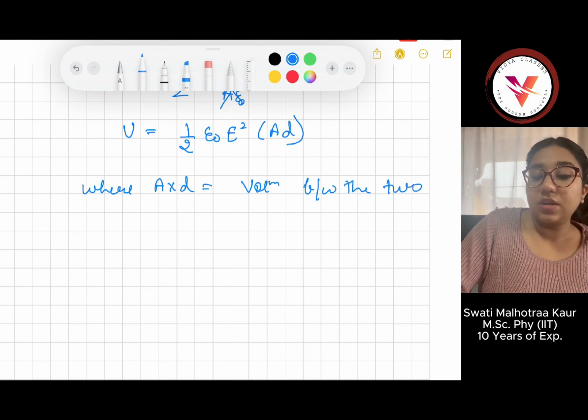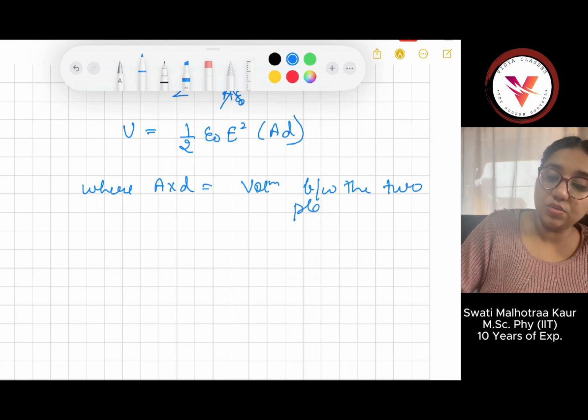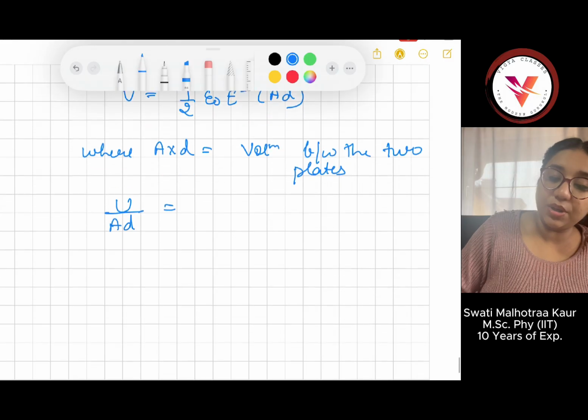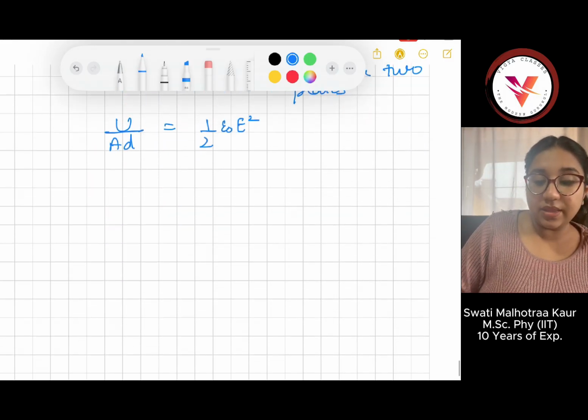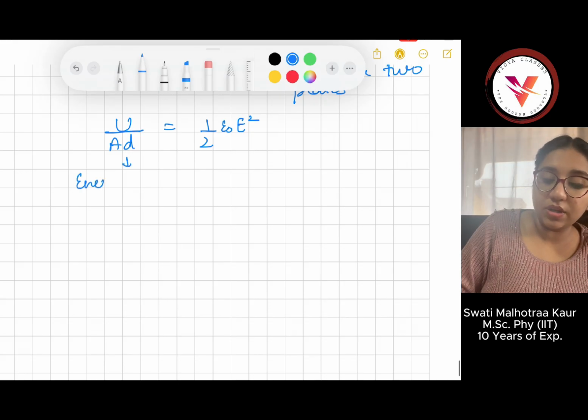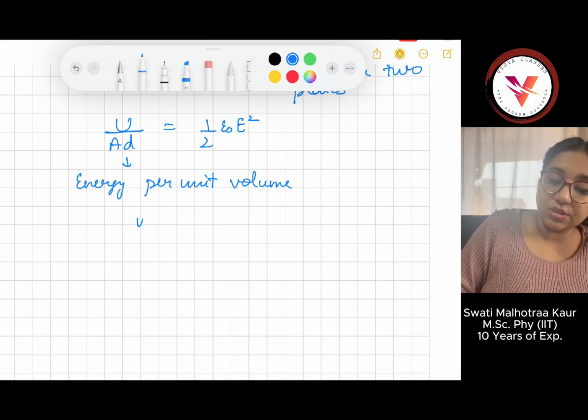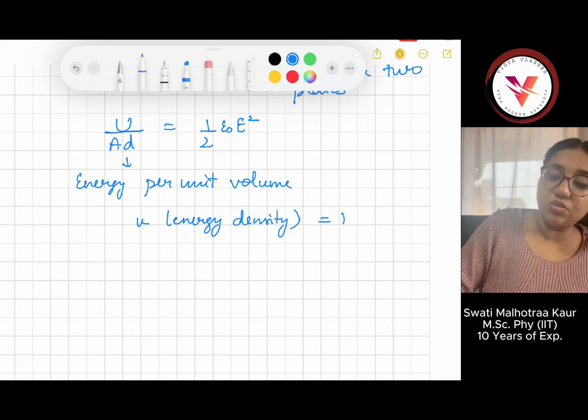If you bring that AD down, this becomes energy per unit volume. This is the energy density, small u, which equals half epsilon naught E square.